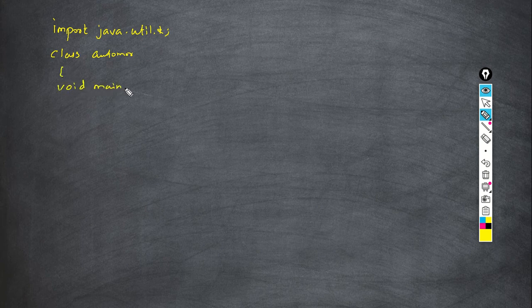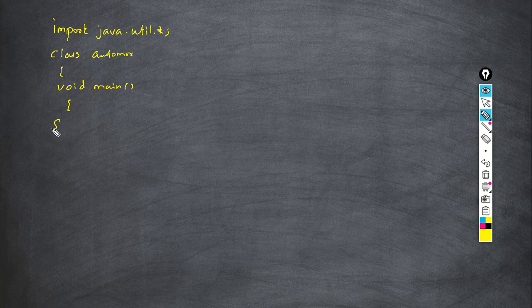Now if I have to write the program, I start the program with import java.util.*, and after that class Automorphic, then I give void main. What are the variables that we have to declare?